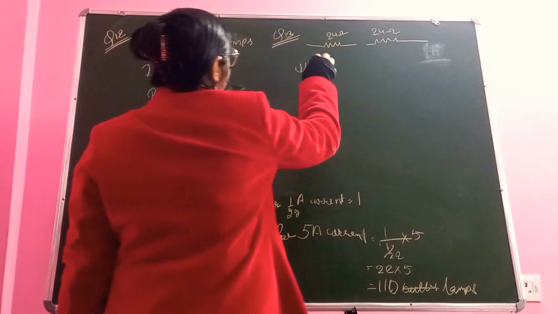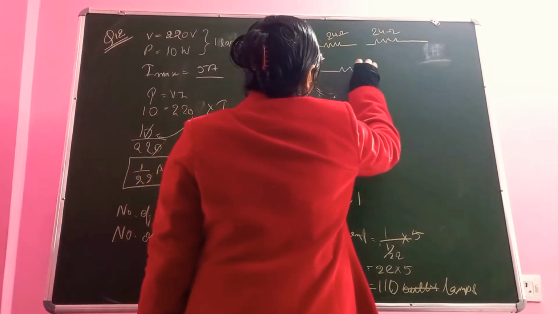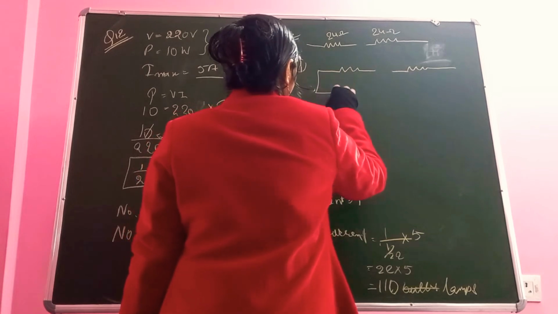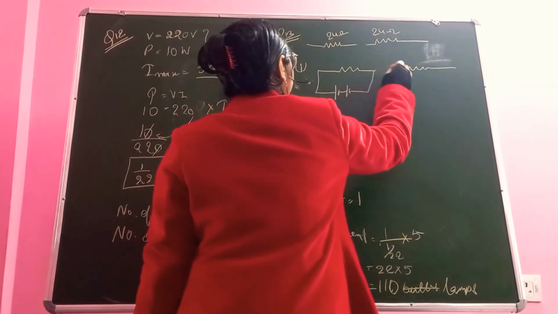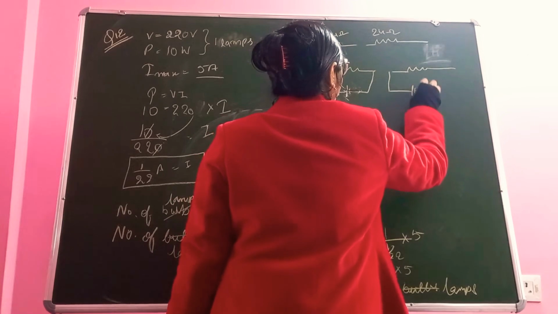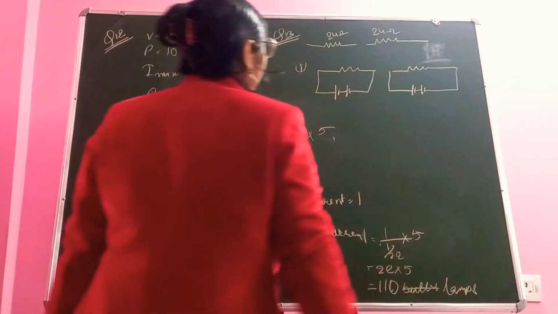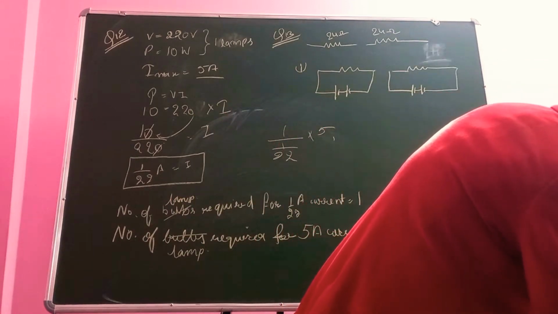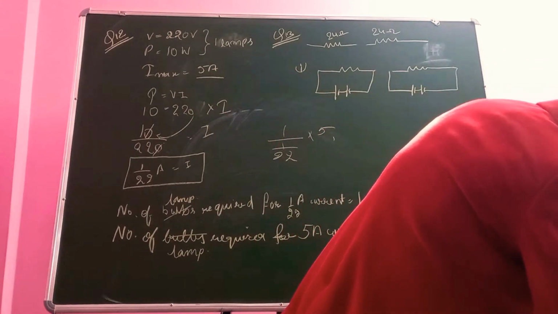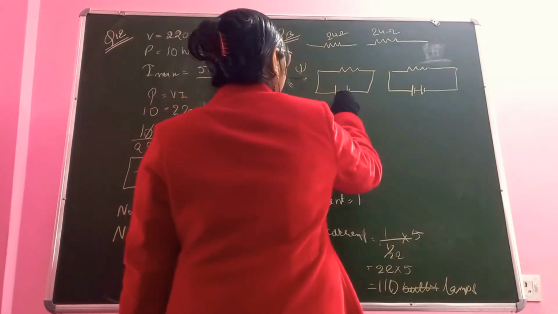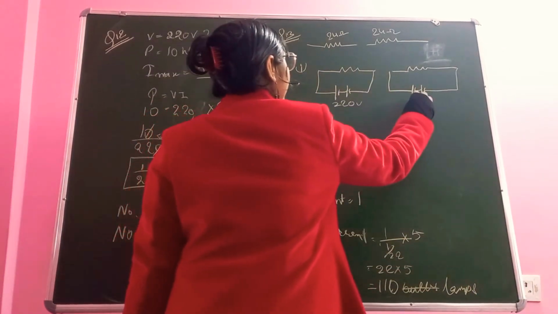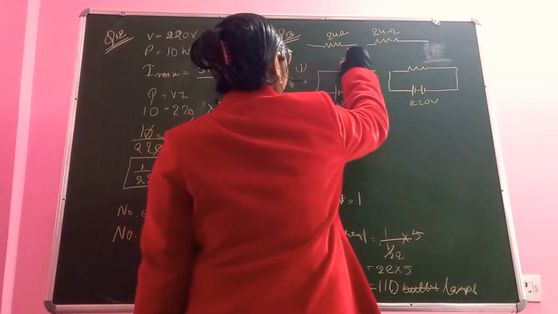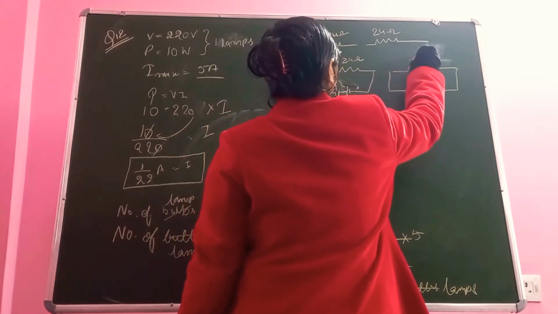So the first arrangement is where these two are used separately, like this, and you have been given the value of V, that is 220 volt, and resistance you already know, that is 24 ohm.